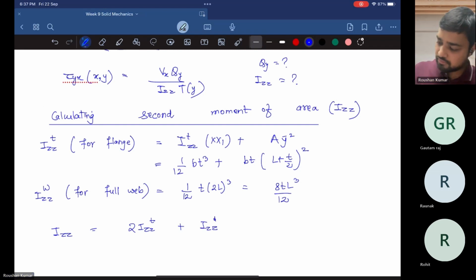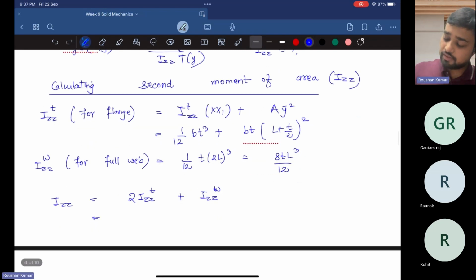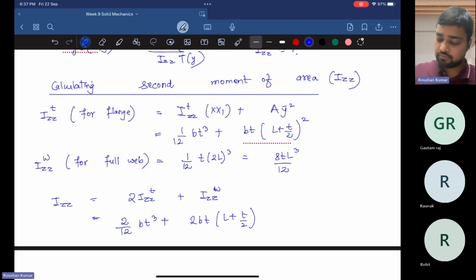And if we sum over this, we can find the total second moment of area about z axis, about neutral axis. So it becomes 2 times, that is 2 by 12 bt cube plus 2 bt times L plus t by 2 whole square, plus 8 t L cube upon 12.